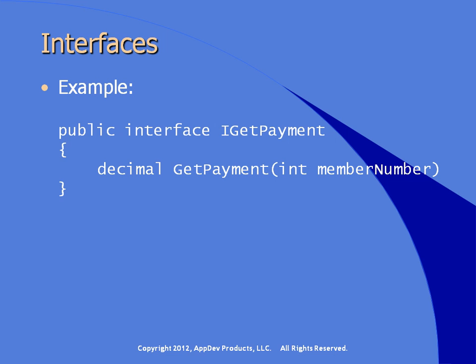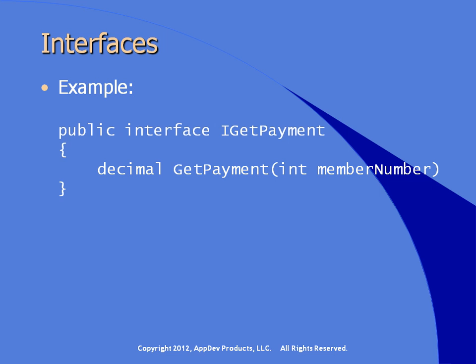Now what we're saying is that if you're going to use the IGetPayment interface, you must provide a method called GetPayment, and you must supply one argument to it as an integer, and it's supposed to represent a member number. So maybe we're talking about a gym membership or membership to an investment club or whatever, but whatever that purpose for that GetPayment is, it has to follow that specific signature.